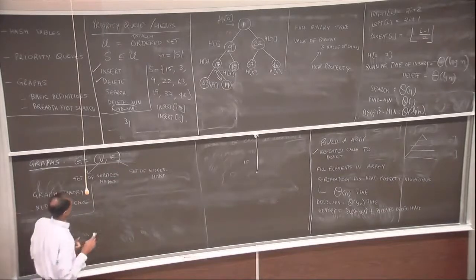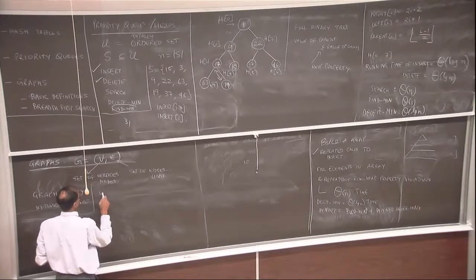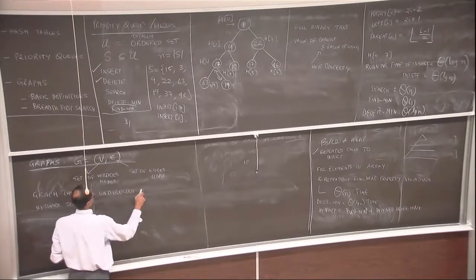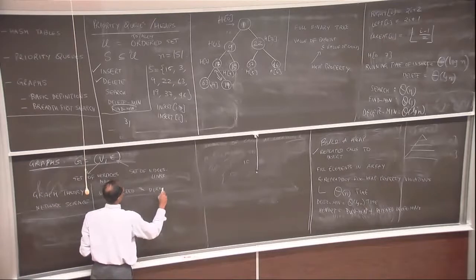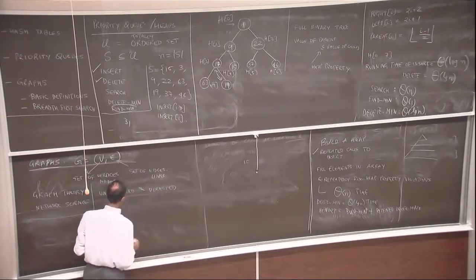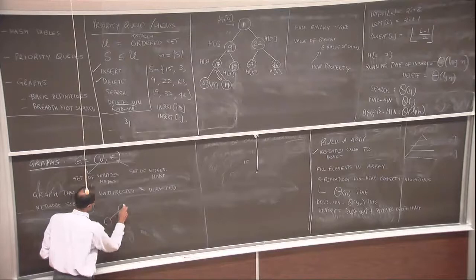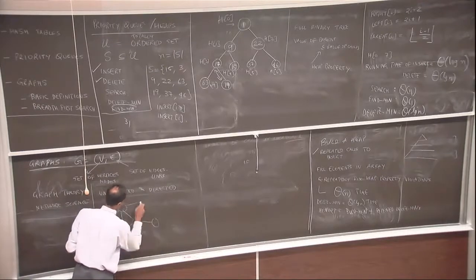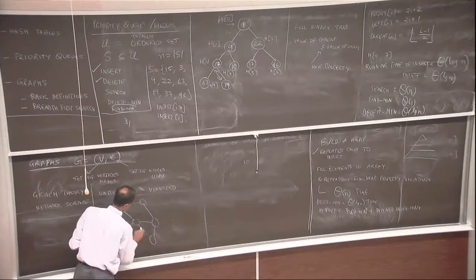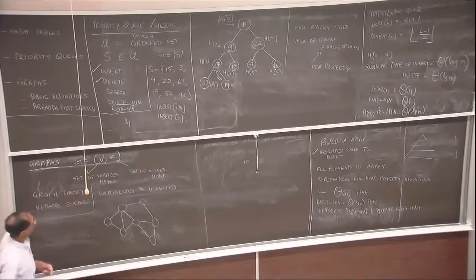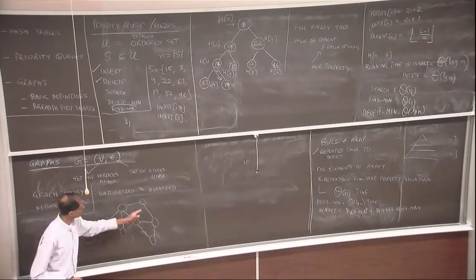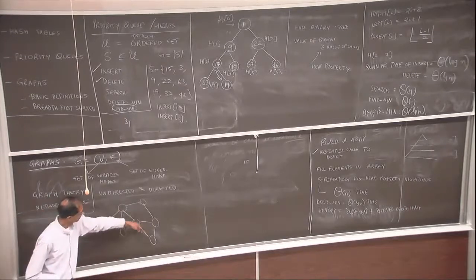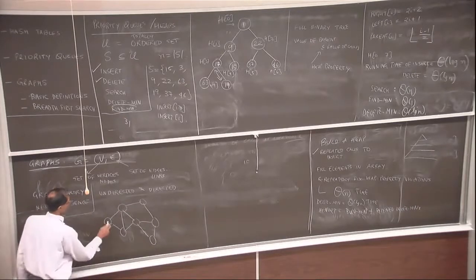And we will distinguish between undirected and directed graphs. We will draw pictures like these. So this is a graph with 7 vertices and 10 edges.